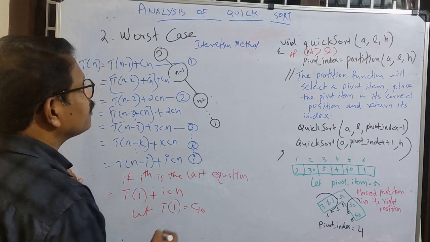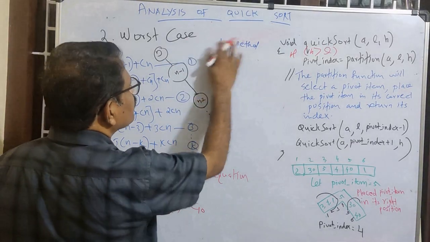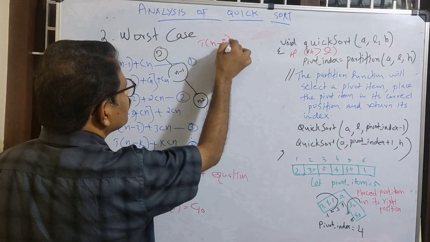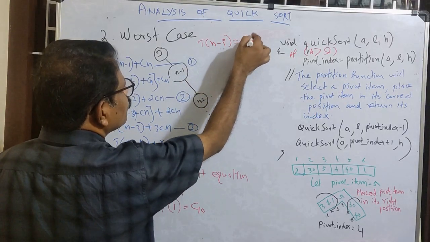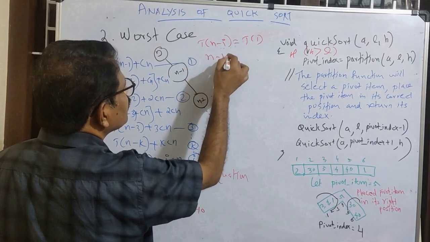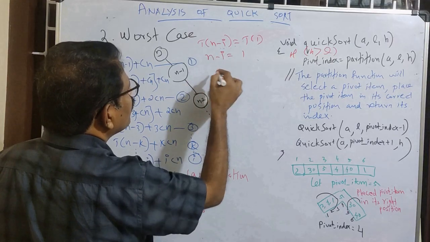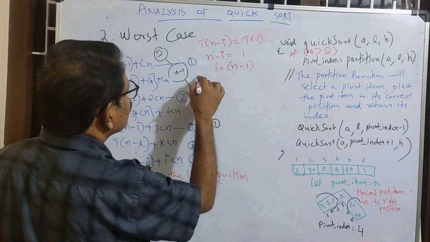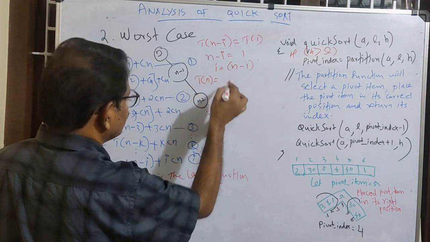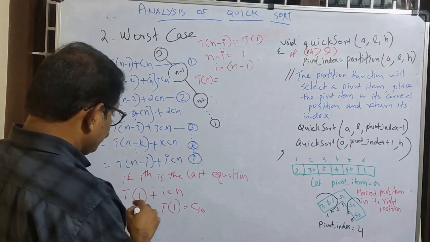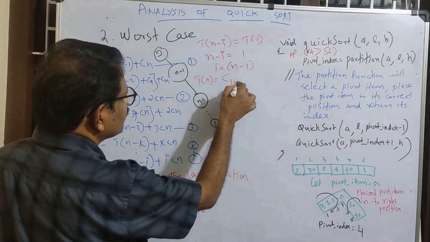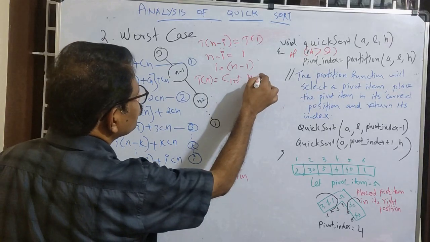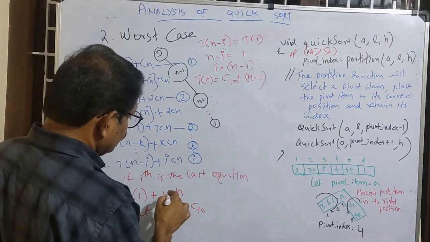Here we will get, if i is the last equation, then T of n minus i is equal to T of 1, n minus i is equal to 1, i is equal to n minus 1. Coming to our T of n, which will be equal to T of 1, that is C10, plus i, which is n minus 1, into Cn.